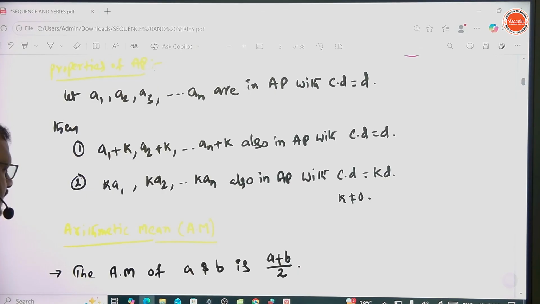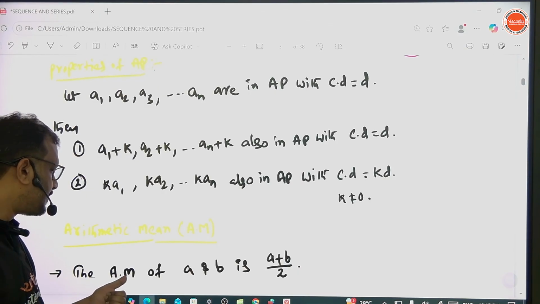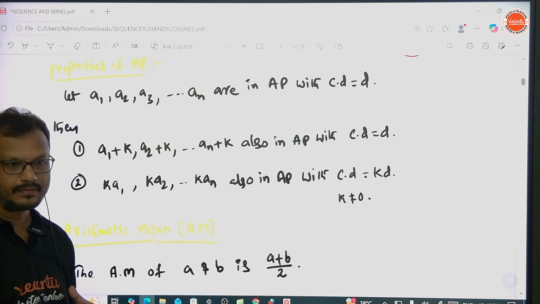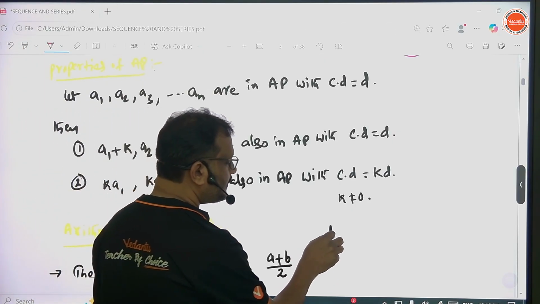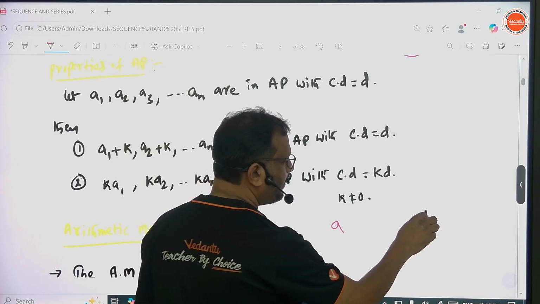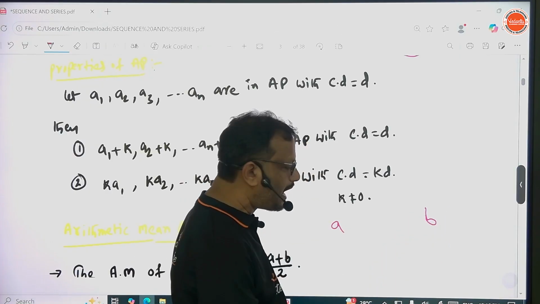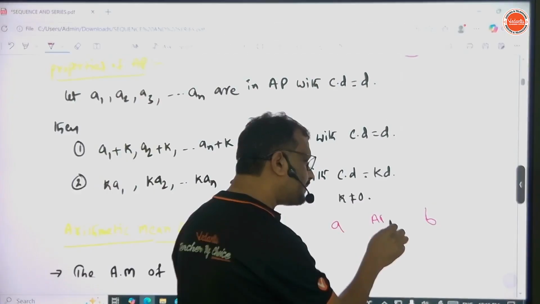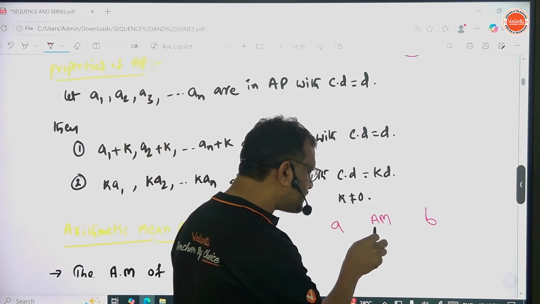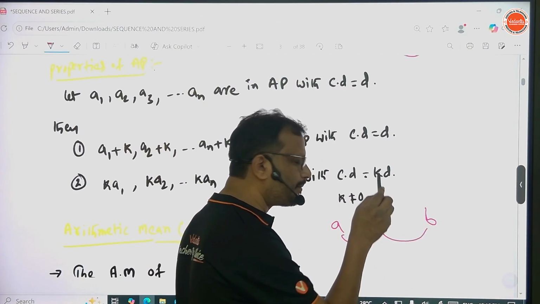So how do we think about that? Like the arithmetic mean of A and B. Suppose A is there, B is there, two numbers. The arithmetic mean of these two numbers means somewhere in between these two it will be there. The difference of these two and the difference of these two will be the same.